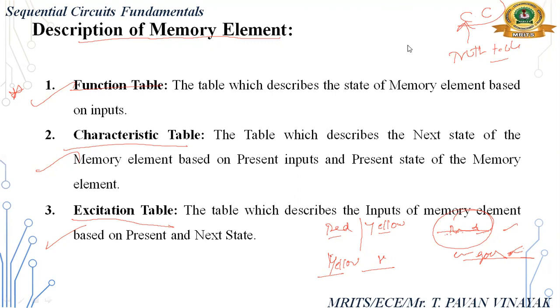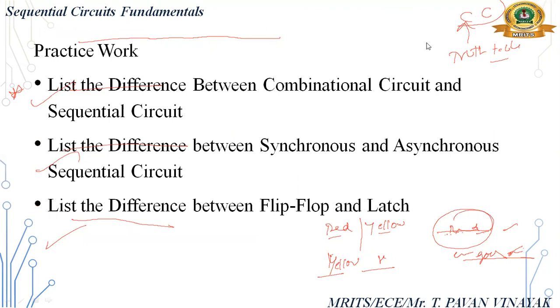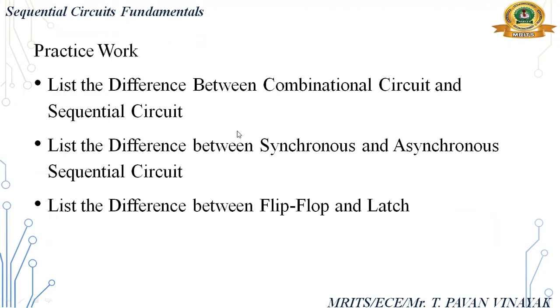Okay. So everyone now try to find out the differences between combination circuit and sequential circuit, synchronous and asynchronous sequential circuit, and flip-flop and latch, minimum 3 points. If it is given for 5 marks, you have to write minimum 5 points.